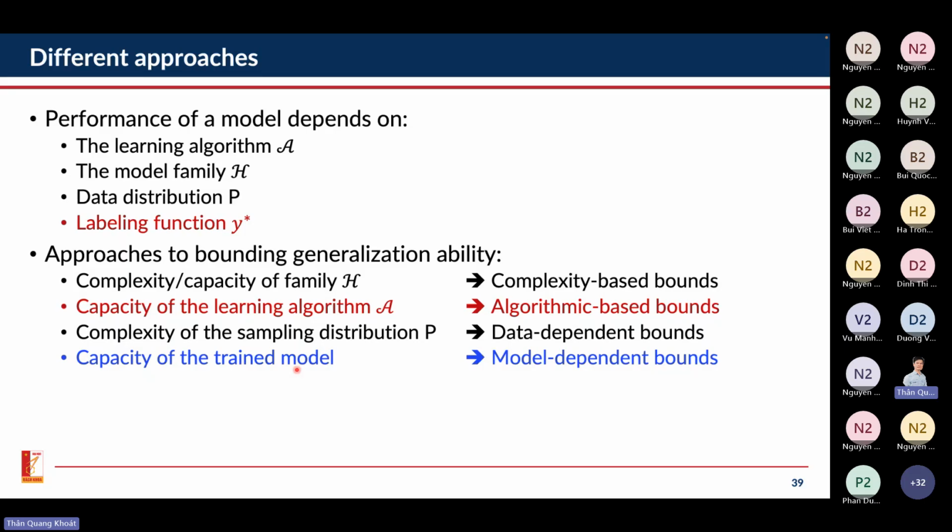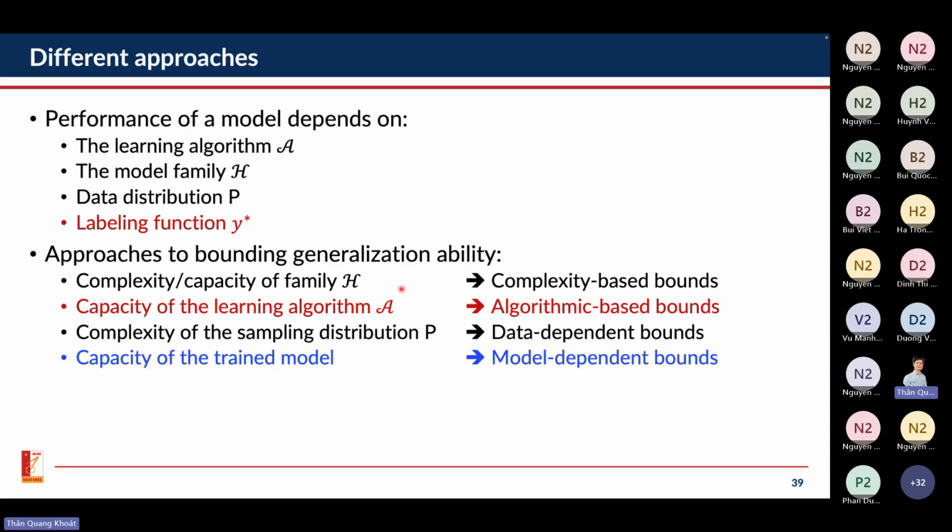And we may not know what exactly happened in the training process. So that's why most prior theories focus on these two approaches.